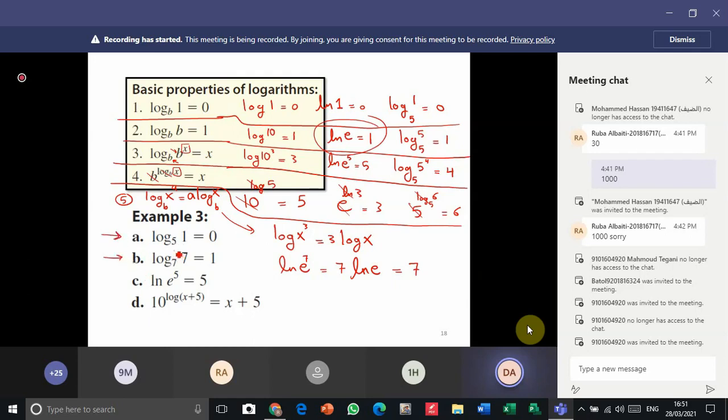If the argument and the base are equal, the logarithm equals 1. If we have a power, we can put it outside. Ln e equal 1, 5 multiplied by 1 equal 5. Also, if we have 10 to the power log with base 10, we can remove the 10 with the logarithm, so we have x plus 5.